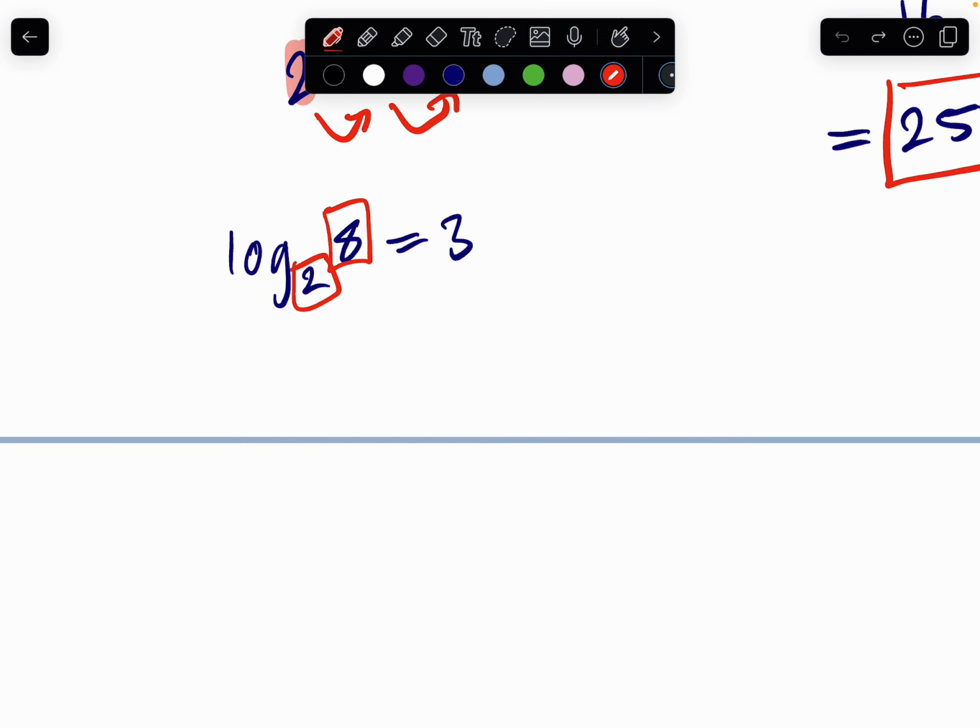So if we color code this, we'll go red, blue, green.